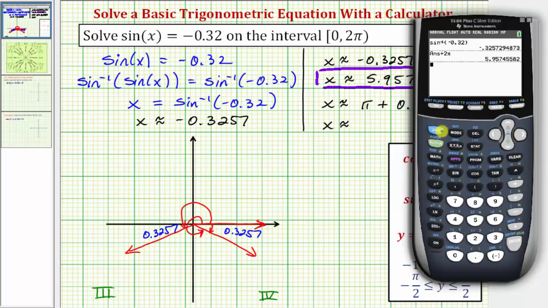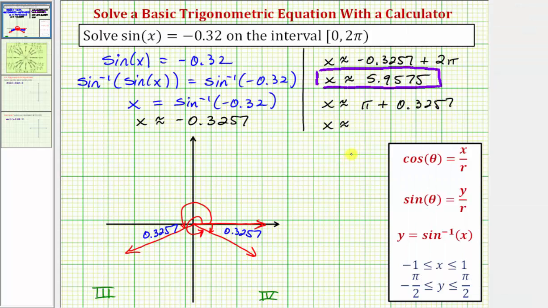So again, we have pi, so we can press second, and then the caret or the exponent key, and then plus the reference angle of positive 0.3257 radians. Enter. And so our second solution in the given interval would be approximately 3.4673 radians.